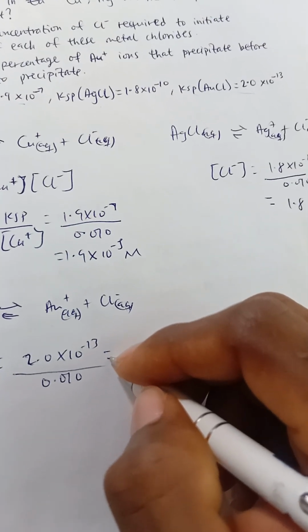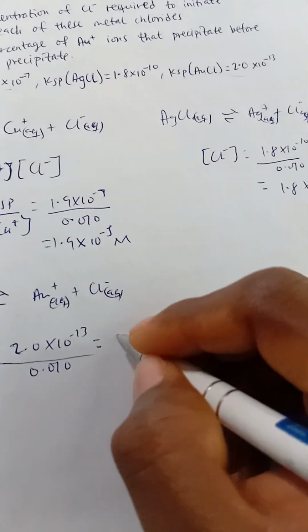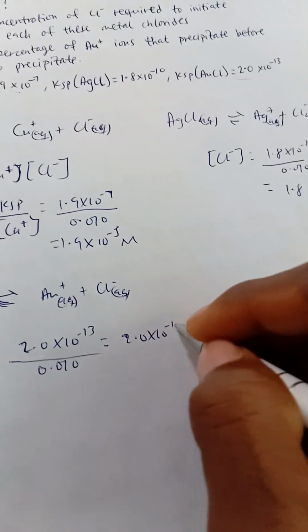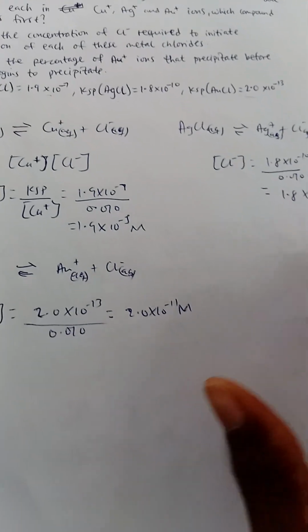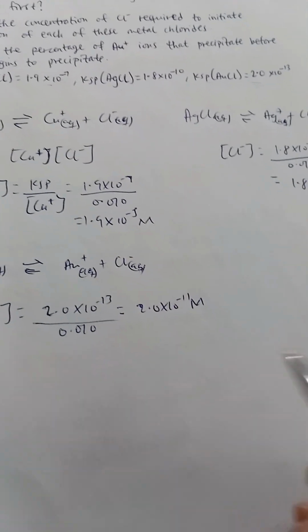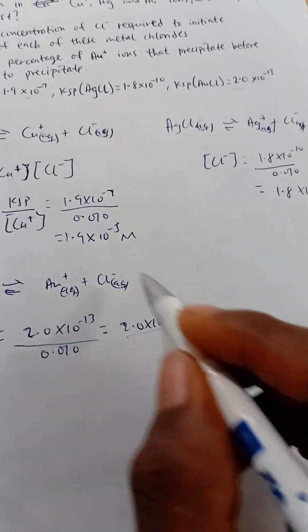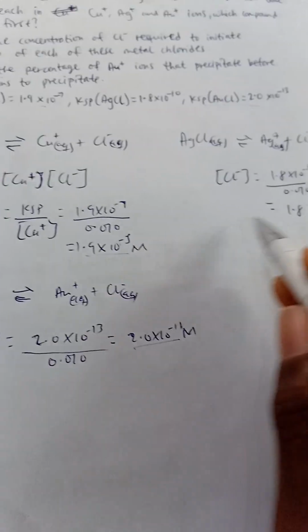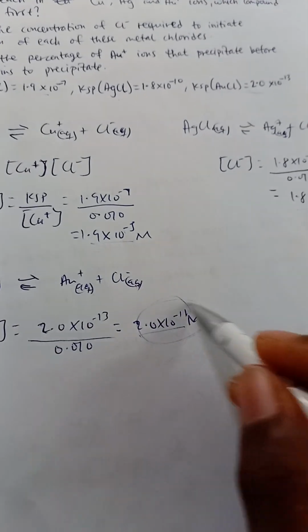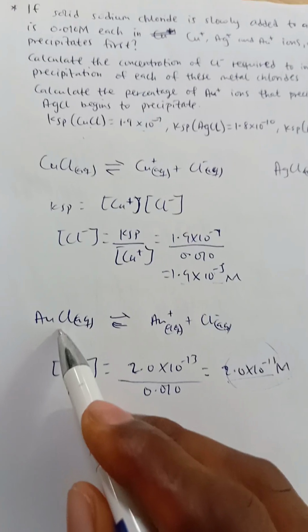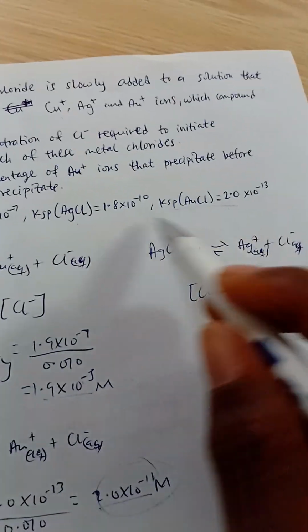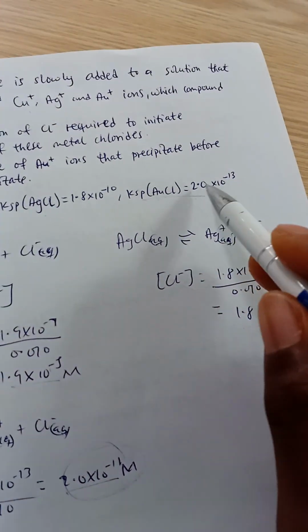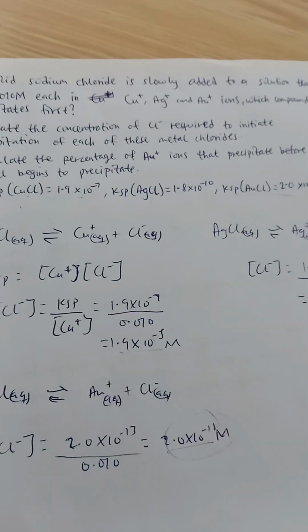Here too, we are going to get 2.0 × 10^-11 molar. The one that requires the least amount of chloride ions will precipitate first. Look at the negative power. This one requires the least amount of Cl-, so this will precipitate first. I told you you can just know it by watching the Ksp value. The one with the least Ksp will precipitate first. So this is how you solve this one.